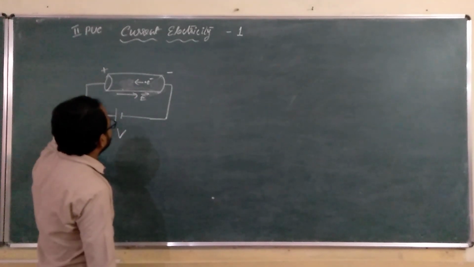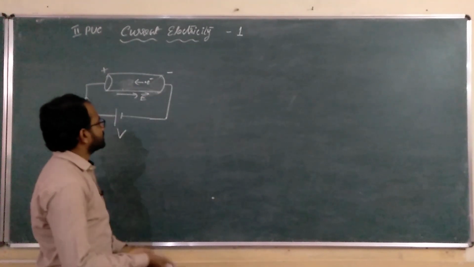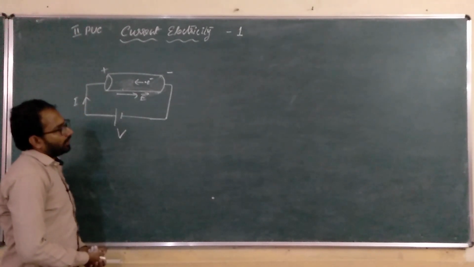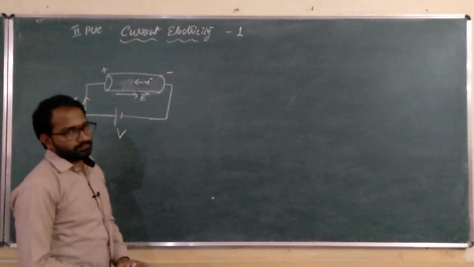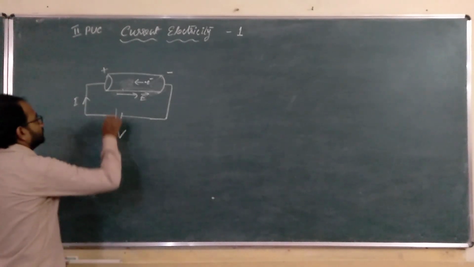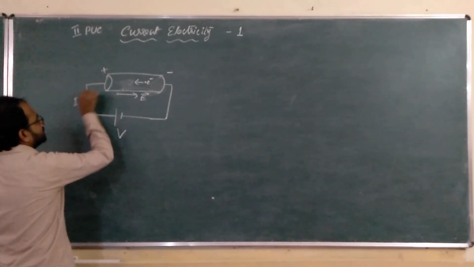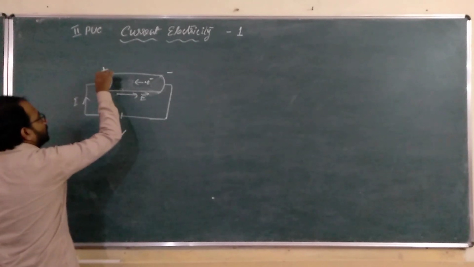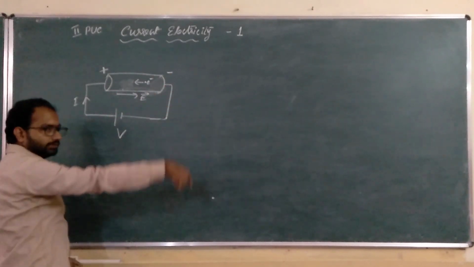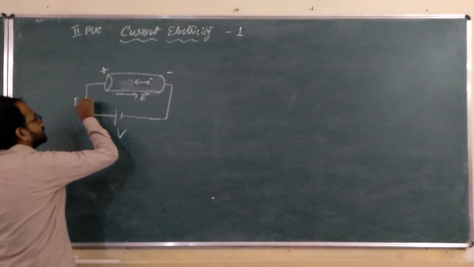They move like this. What about the conventional current direction? Conventional current direction is along the direction in which positive charges move, or in a direction opposite to the flow of electrons. Therefore, conventional current direction is from the positive terminal of the battery to the negative terminal of the battery through the conductor. The current direction is like this.